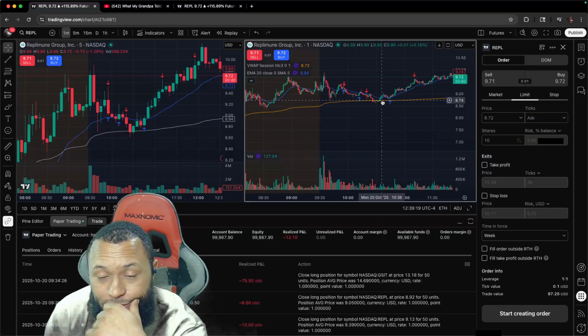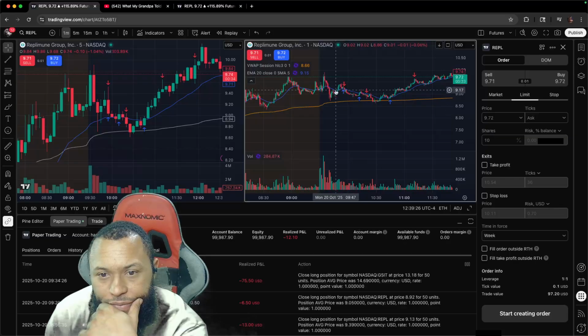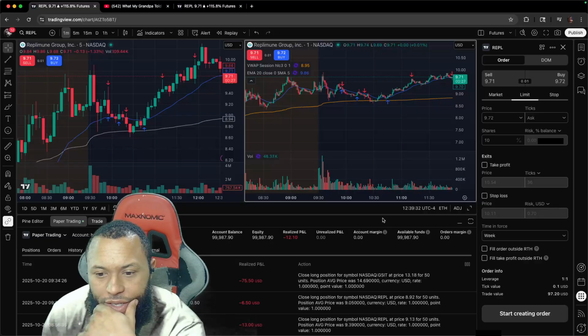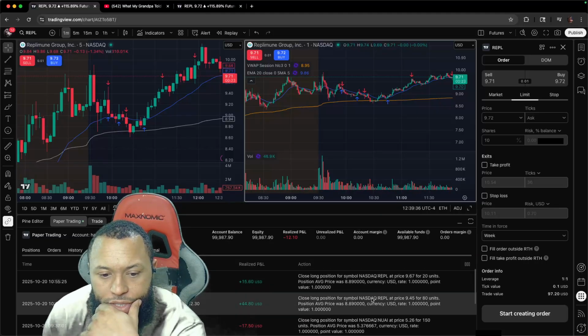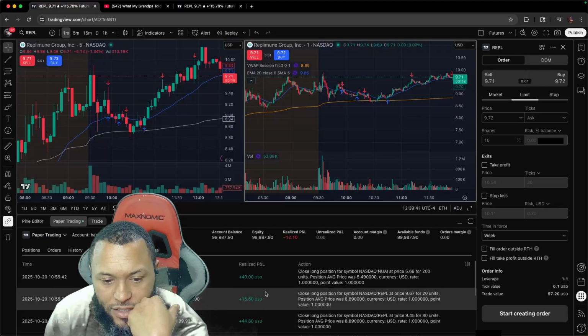That would have helped me out. But yeah, just waiting for the trip back to VWAP and that higher low. And what do we get on that? That was 44 bucks on the first take profit, and then 1560 closing the position.